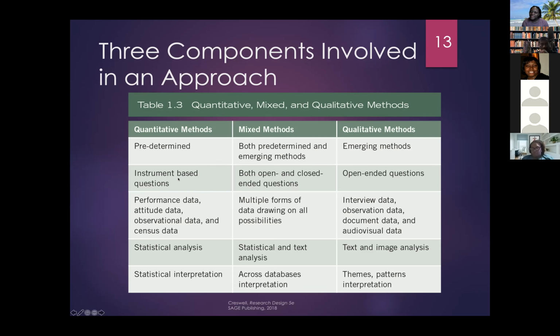That's qualitative. What are we doing here? Unless you have some kind of creative way to convert those open-ended questions to close-ended or numerical responses for the quantitative, which you can do, but you need to be able to explain that.